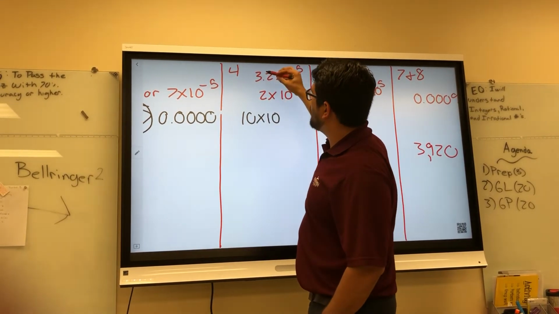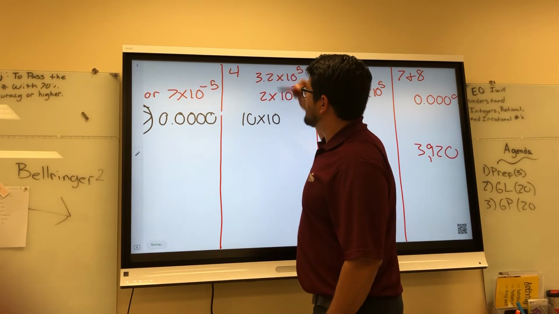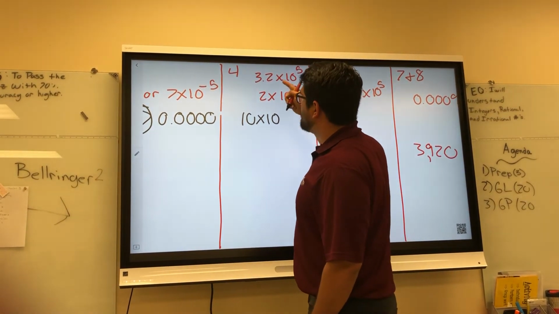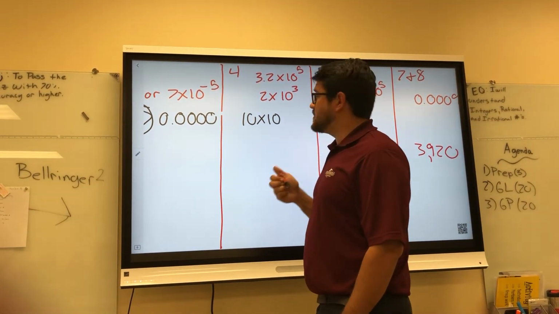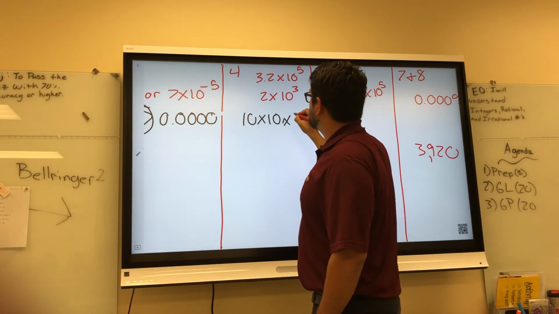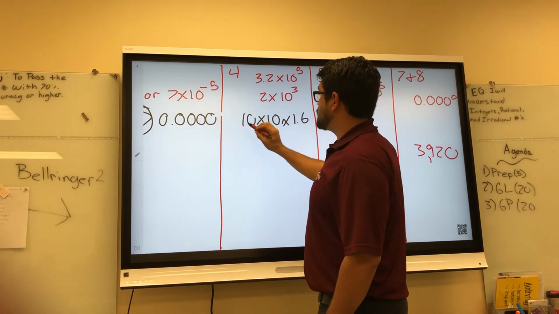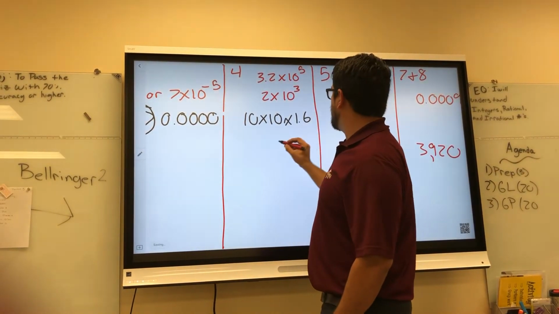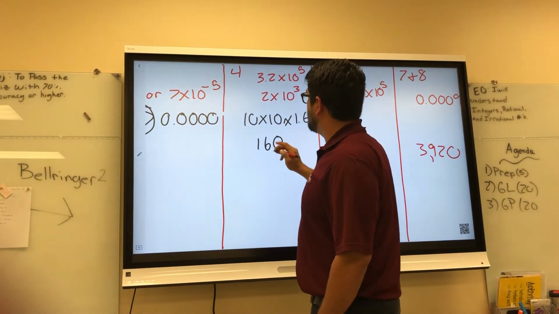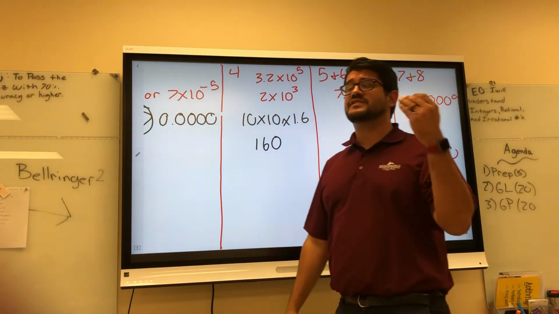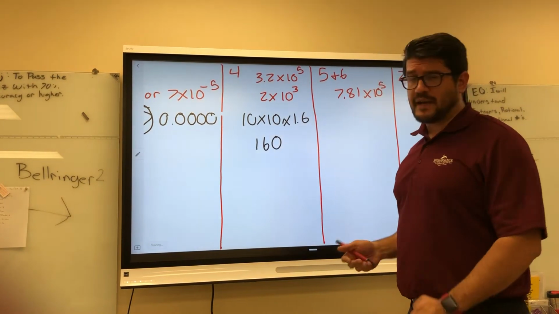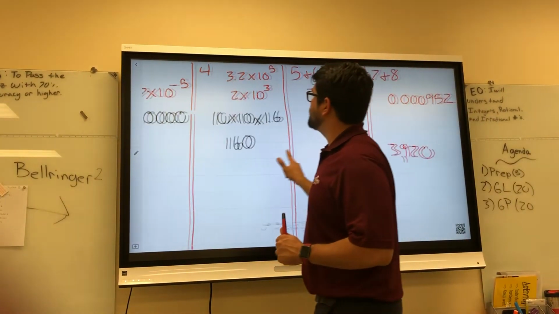Then you have to figure out how many 2s it takes to get to 3.2, so you have to divide. 3.2 divided by 2 is 1.6. So times 1.6. You just multiply these straight across, and you're going to end up with 160. So the one on top is 160 times larger than the one on the bottom. That's it for that one.